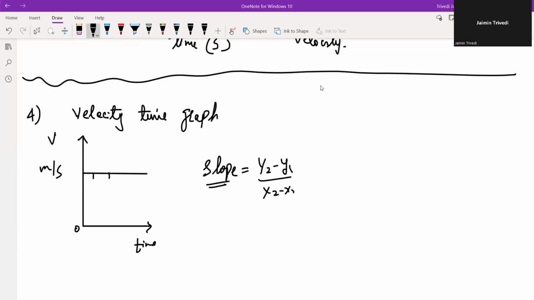That is the slope. Now in this case, what is the value? Suppose, as he said, let's take 40. 40 minus 40, and here 3 minus 2, which is 1.